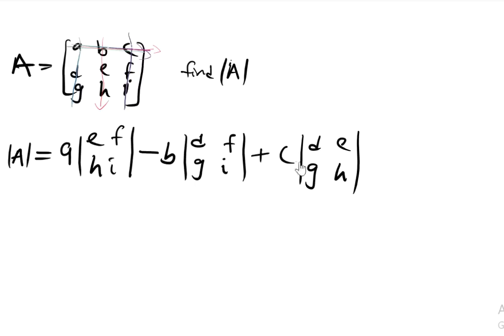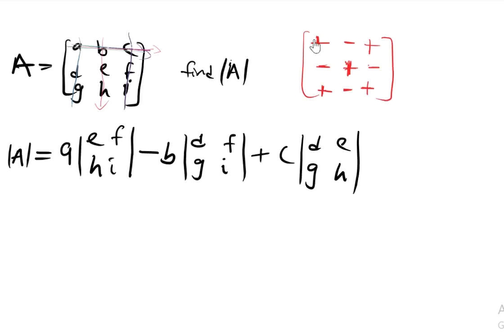I know you might be wondering, how did I come up with the signs of a, b, and c? Here is the rule. It is plus, minus, plus, minus, plus, minus, plus, minus, plus. If you want to solve the determinant of a 3 by 3 matrix, you need to consider the rule.